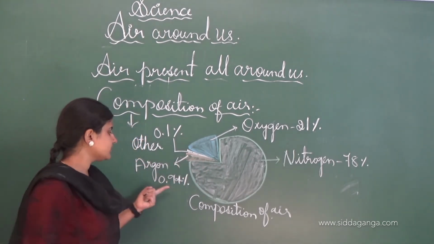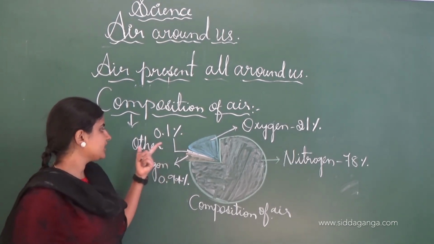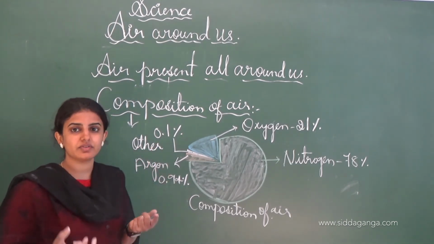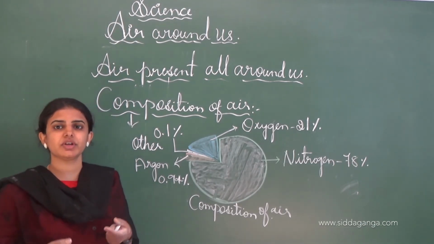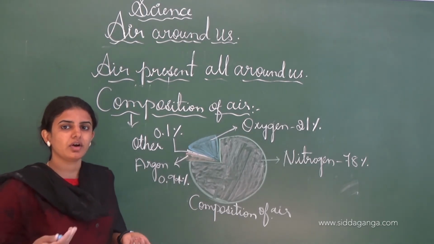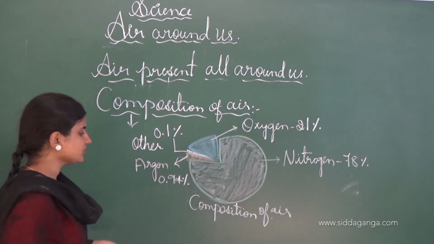Argon is 0.94%, and the remaining 0.1% is different dust particles as well as moisture and different types of gases suspended in the air. See, this is the diagram of the composition of the air.